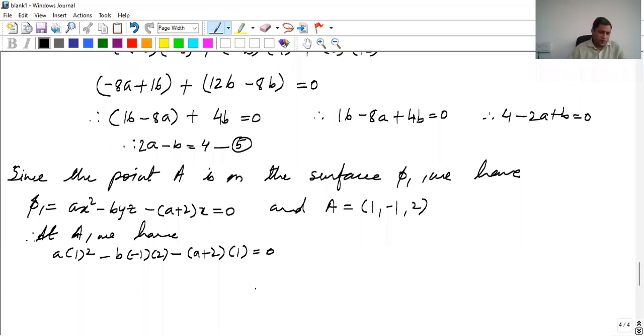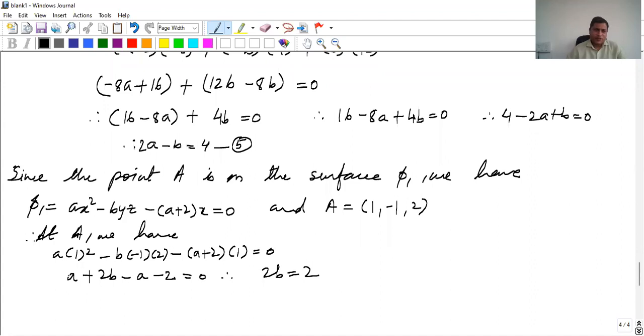If we simplify, what we get here is a. This term is going to be plus 2b. This term is minus a and minus 2, is equal to 0. So I can write this as a minus a is equal to 0, and 2b is equal to 2.